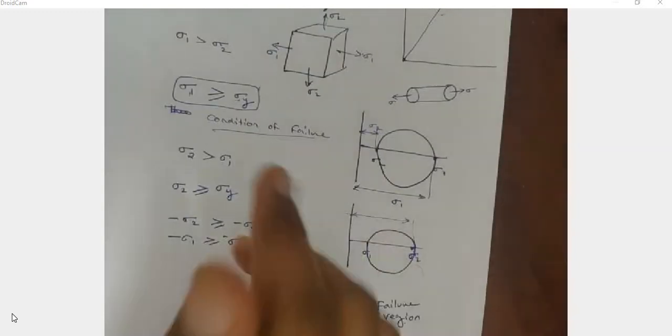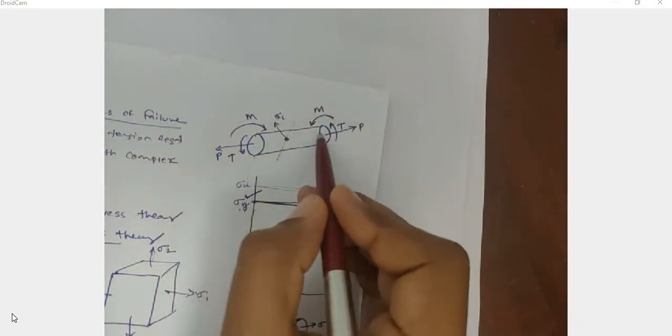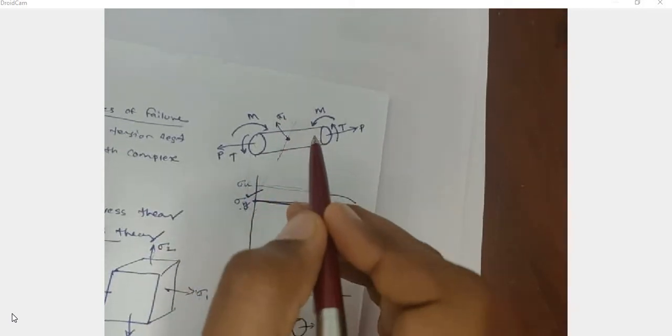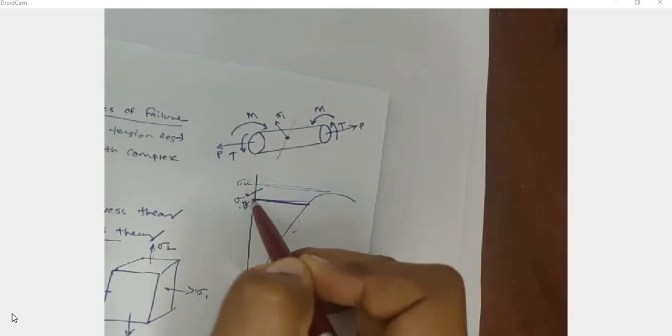Okay, so if you design any body with a complex condition, any point on this body should not develop a maximum principal stress greater than sigma y. If it does, there will be a failure.